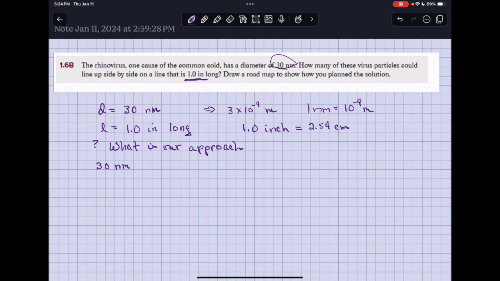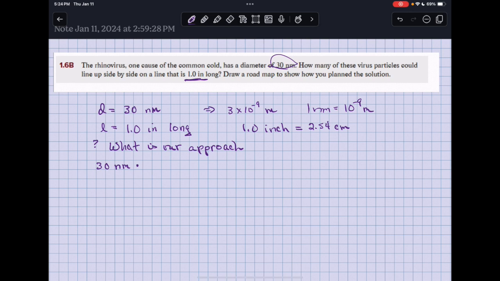And so how do we go about doing that? I'm going to use that conversion factor. Now the thing to remember is how I orient the conversion factor, because sometimes there's confusion about what I want in the numerator. We want to work it out so that I'm going to get an answer in meters, and I want to cancel out nanometers. This is our approach to this.